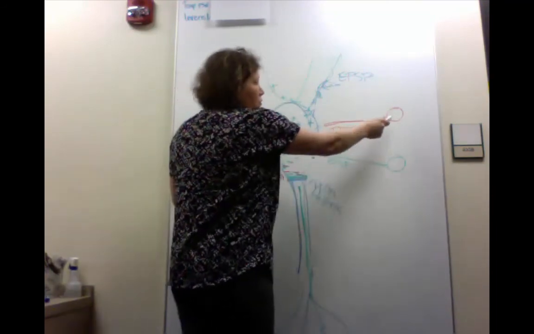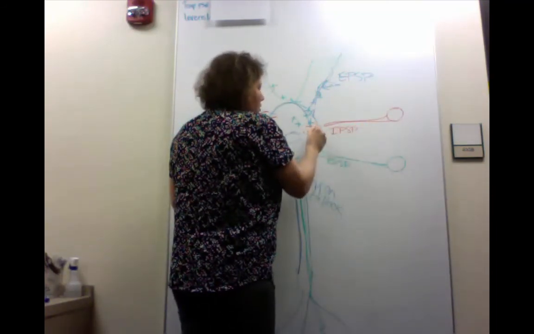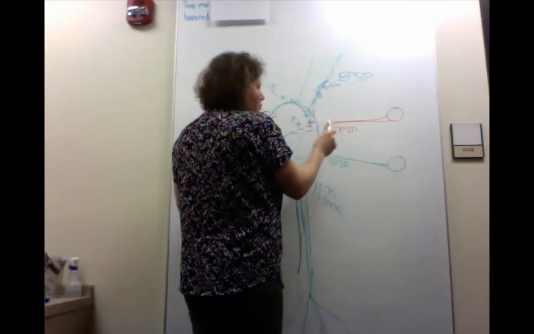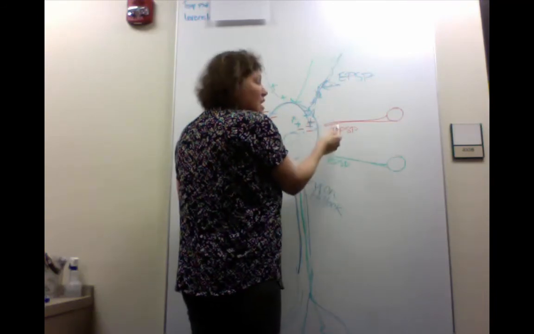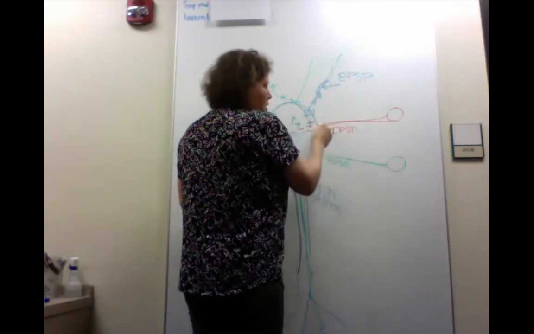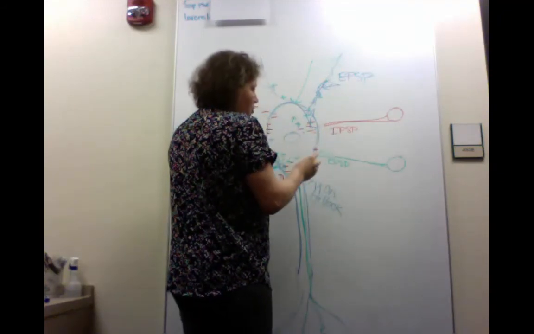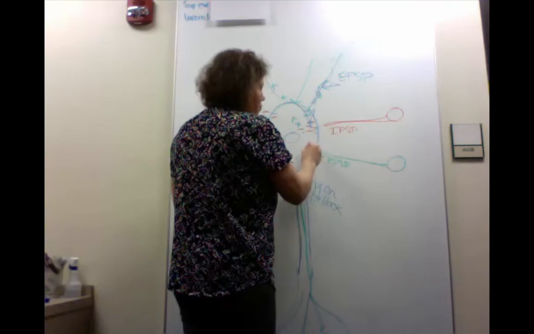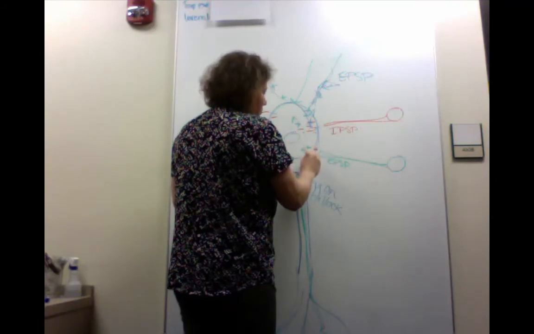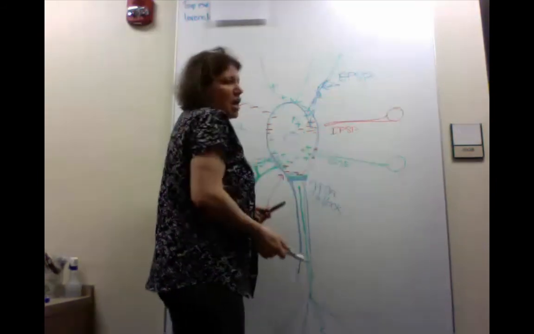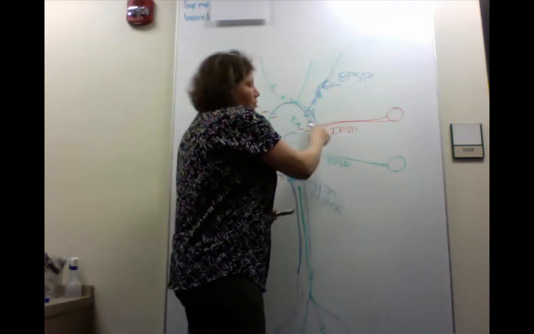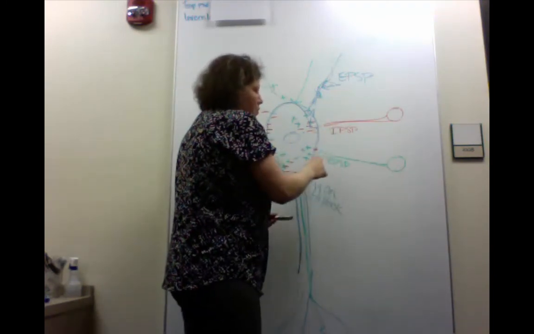That means this neuron will always result in an EPSP. If these two neurons have an inhibitory relationship, this neuron is always trying to inhibit this one. These two neurons have an excitatory relationship, so this one is always trying to excite this one. It can't change. This relationship is inhibitory, this relationship is excitatory.